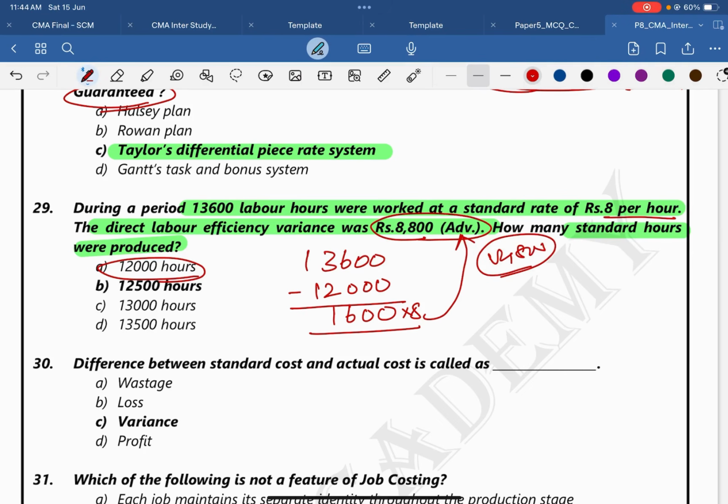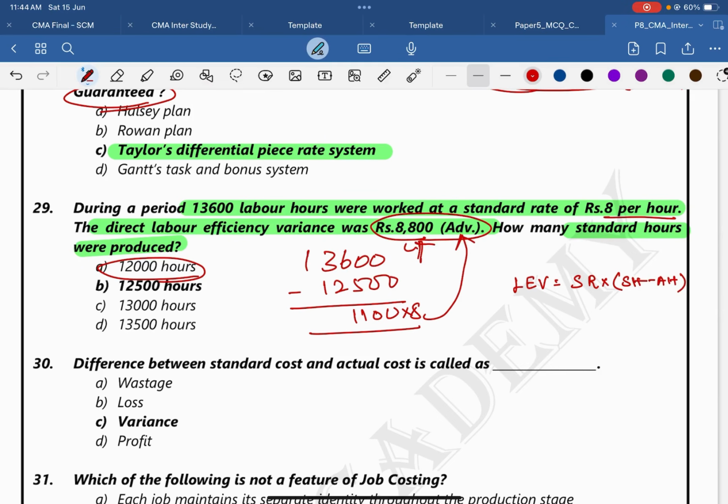Then you will go with 12,500. What is the remaining hours? It will be around 1,100, and 1,100 into 8 will become 8,800. This is one way. The other way: they have given an adverse variance. Labor efficiency variance is equal to standard rate into standard hours minus actual hours.